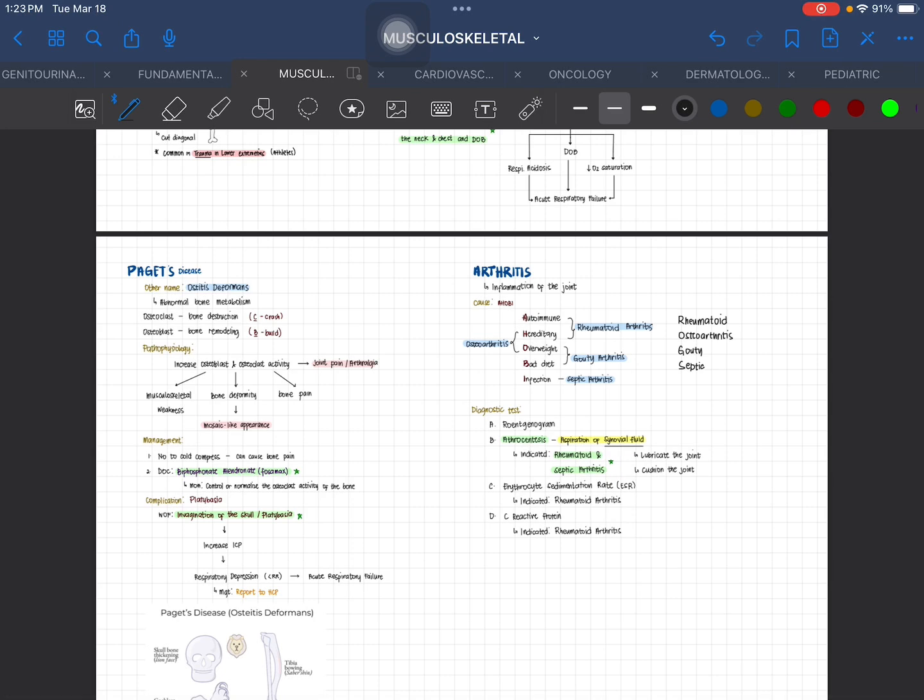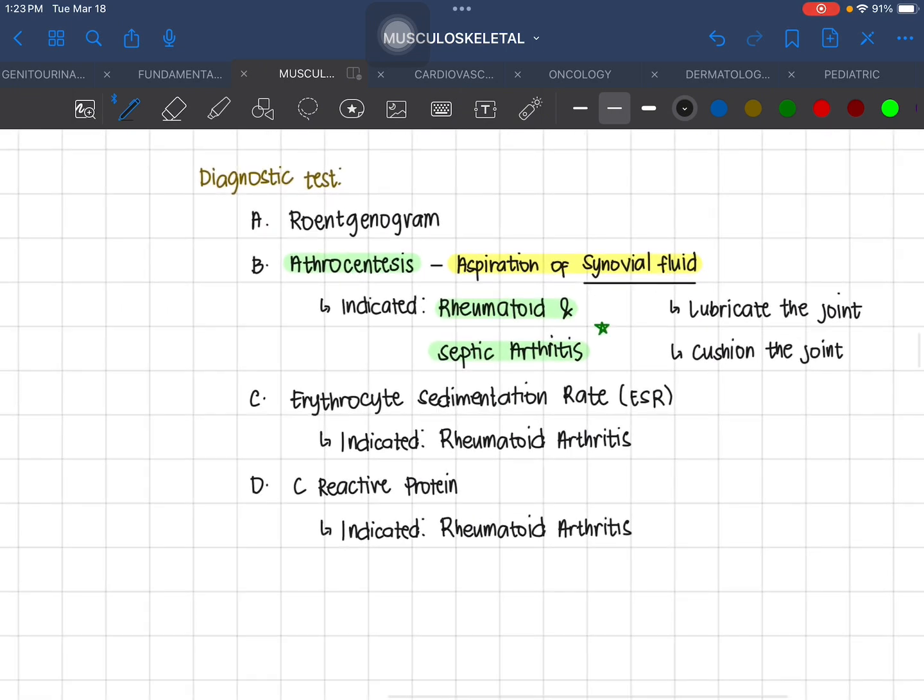So, what are the diagnostic tests to diagnose the patient na may arthritis? First, of course, di mawawala sa musculoskeletal ang roentgenogram o tinatawag nating x-ray. Pangalawa, ang arthrocentesis. Ang ginagawa sa arthrocentesis, nag-a-aspirate ng synovial fluid. Ano ba ang synovial fluid?